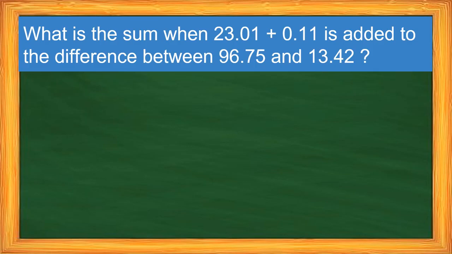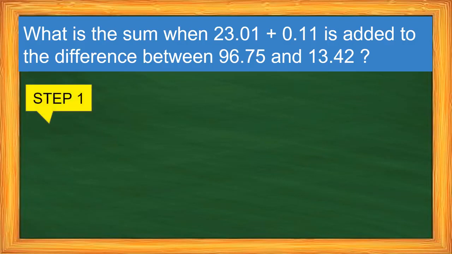Another one, what is the sum when 23 and 100ths plus 1100ths is added to the difference between 96 and 7500ths and 13 and 4200ths? Now, tatlo ang gagawin natin dito. Add muna natin yung unang dalawa and then i-minus yung huling dalawa bago natin i-add ang results ng dalawang operation.